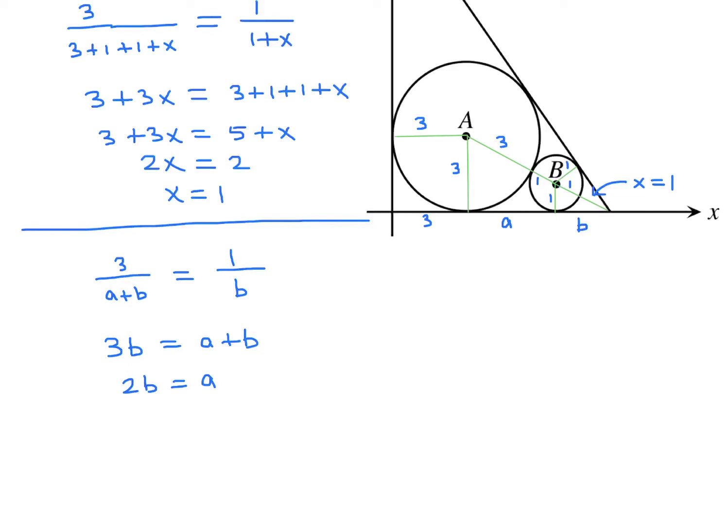Now b we can easily figure out from this triangle right here using Pythagoras. Right there, that's a right triangle. Because remember, when a circle is tangent, it means that will become a right angle like that. Same thing's true there. So b, if you use Pythagoras, you get 1 squared plus b squared is equal to this hypotenuse, which is 1 plus 1, because we figured out the value for x.